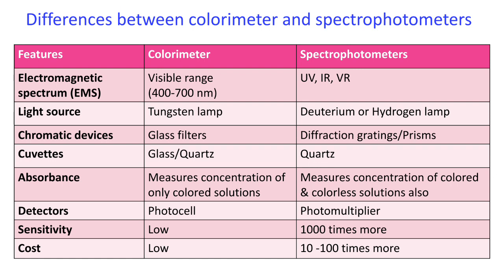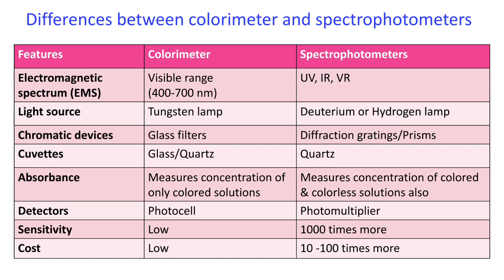The sensitivity of the colorimeter is very low compared to the spectrophotometer, which is 1000 times more sensitive. The cost of the colorimeter is low, which is its advantage, and it is portable compared to the spectrophotometer.